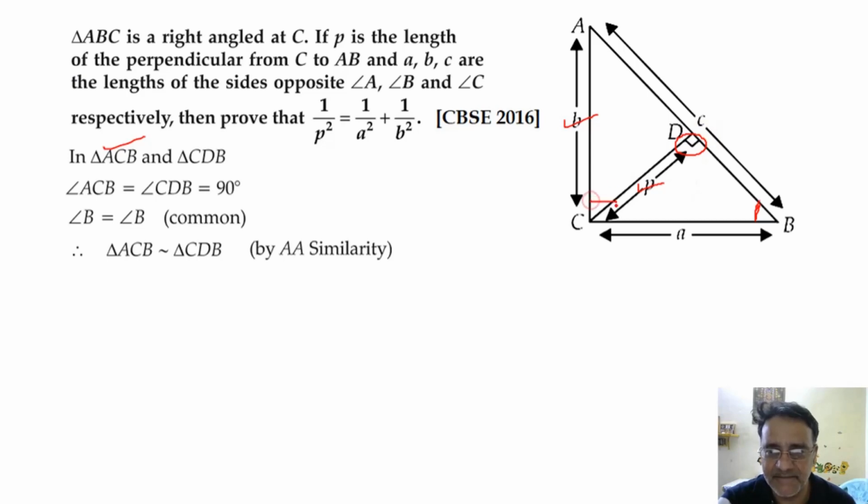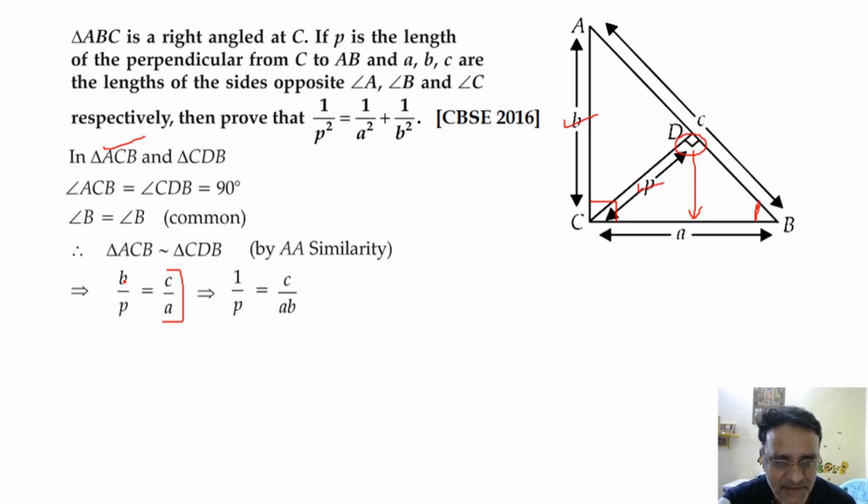First triangle, c. And second triangle, a. Right. So what we are going to get, b upon P is equal to c upon a. This is clear? Because corresponding sides of similar triangles are proportional.